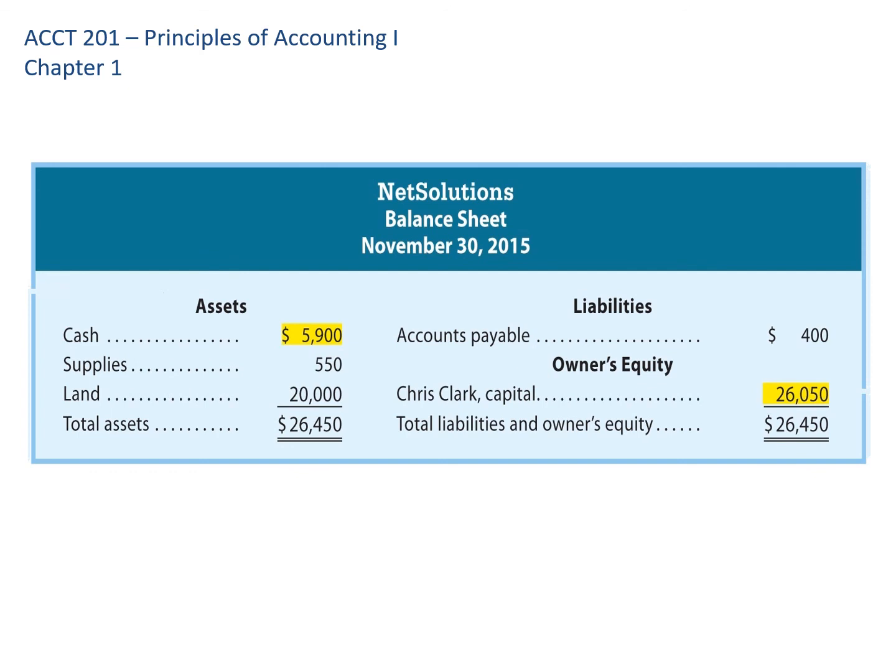And again, that came from my statement of owner's equity. I wouldn't have had that if I hadn't done that first. I wouldn't have that number. So it's very important here. You see total assets, $26,450, have to equal total liabilities and owner's equity of $26,450. Those two numbers have to be equal to each other, or we've made a mistake somewhere and we need to try again.